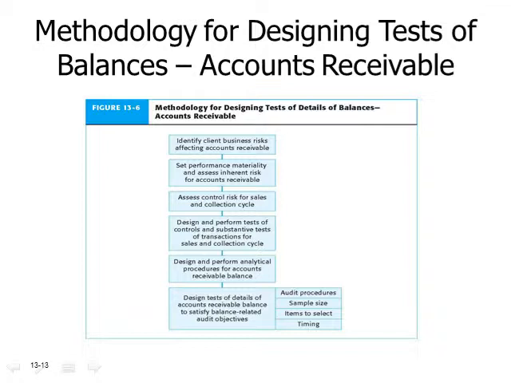Then we design a test of details of accounts receivable balance to satisfy the balance-related audit objectives. And those objectives are items like the assertions made by management, such as completeness, cutoff, and accuracy. Again, when we're testing these details of the accounts receivable balance, we're dealing with audit procedures, the sample size, the items to select, and then the timing of those tests.